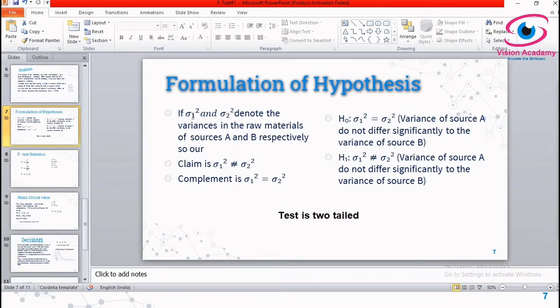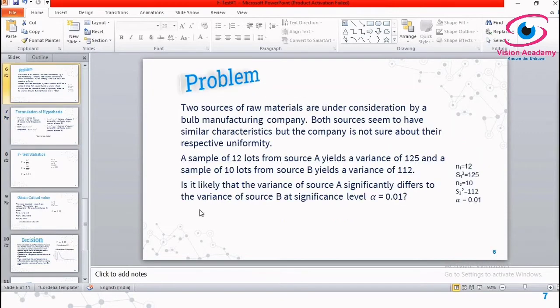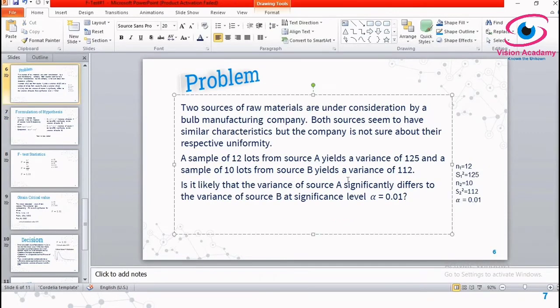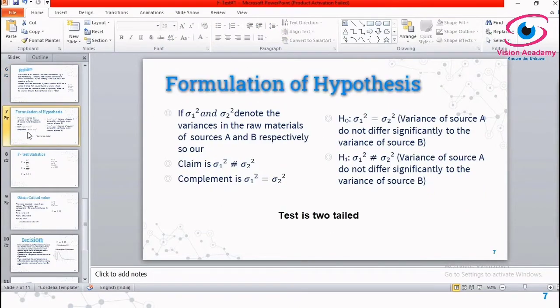So if variance 1 and variance 2 denote the variance in the raw materials of source A and B respectively, our claim is that variance 1 differs from variance 2.